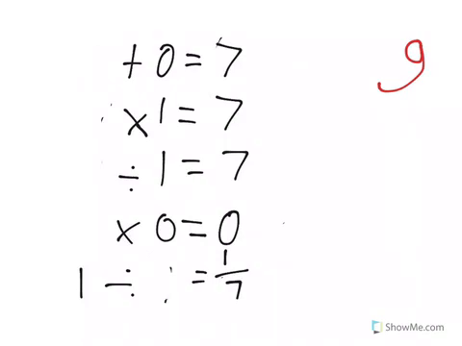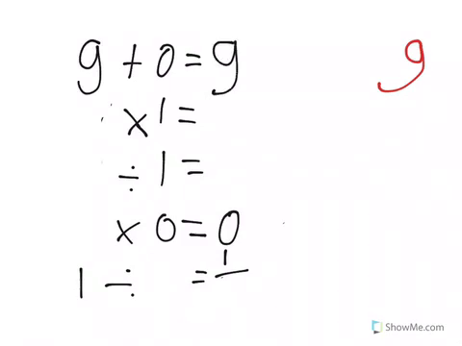Well, let's see. I'll take out all my 7s and replace them with Gs. G plus 0 would be G, right? If you add nothing to G, whatever it is, you still have G. G times 1 is G. That's true, because anything times 1 is itself. G divided by 1 is G. That's also true.